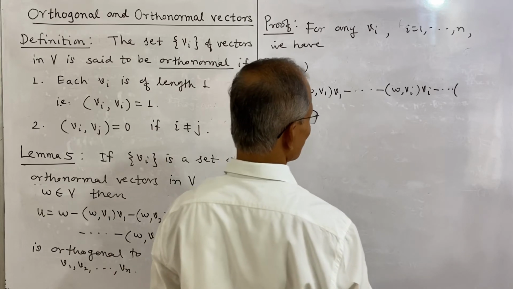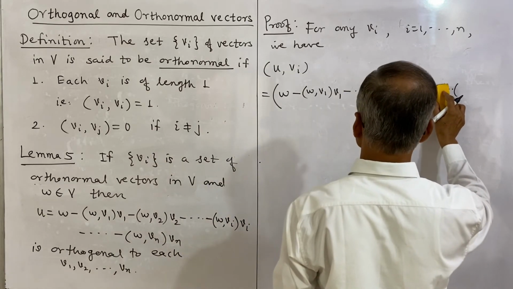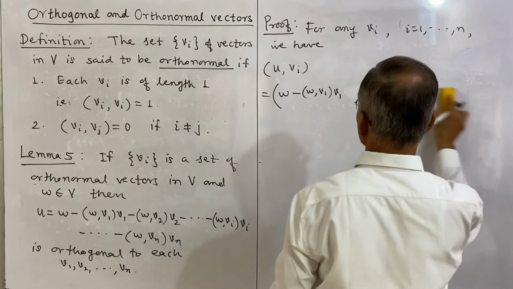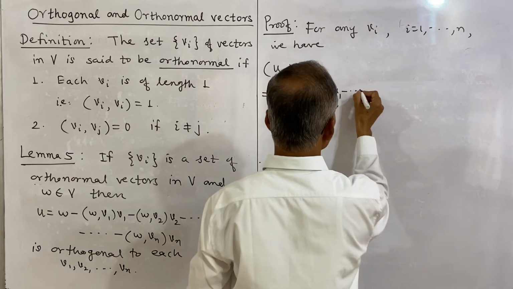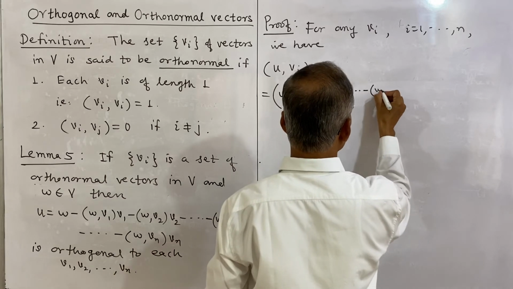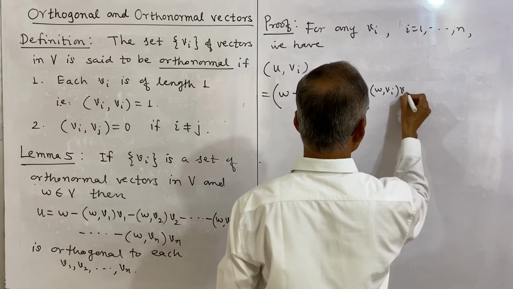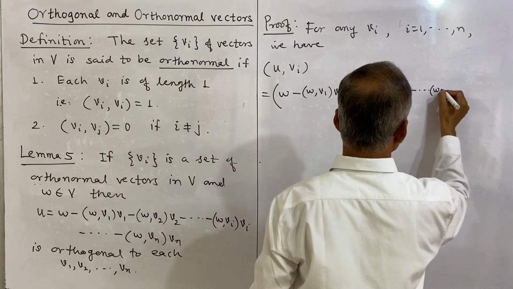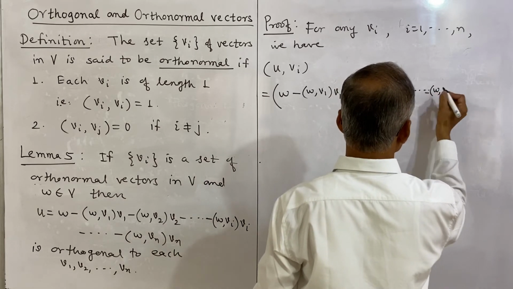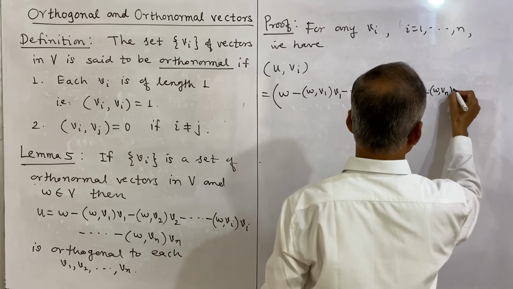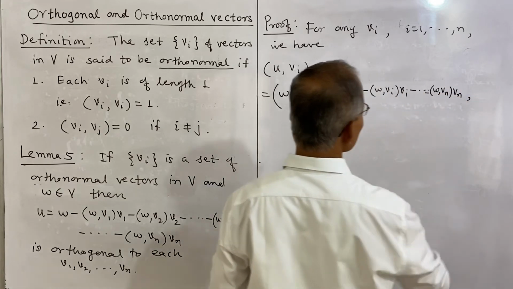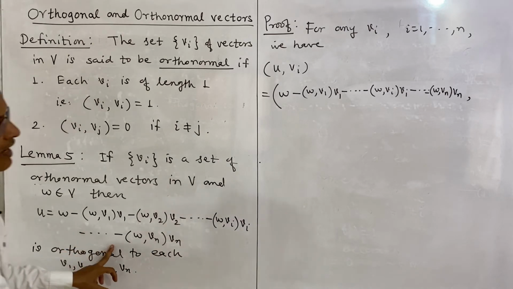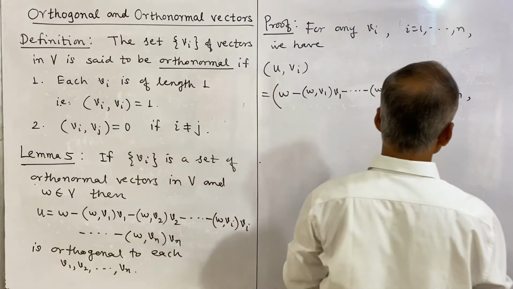So the space is less, so I shall write like this. In short, the inner product of w with vi into vi, up to the inner product of w with vn into vn, this much is u, and its inner product with vi.